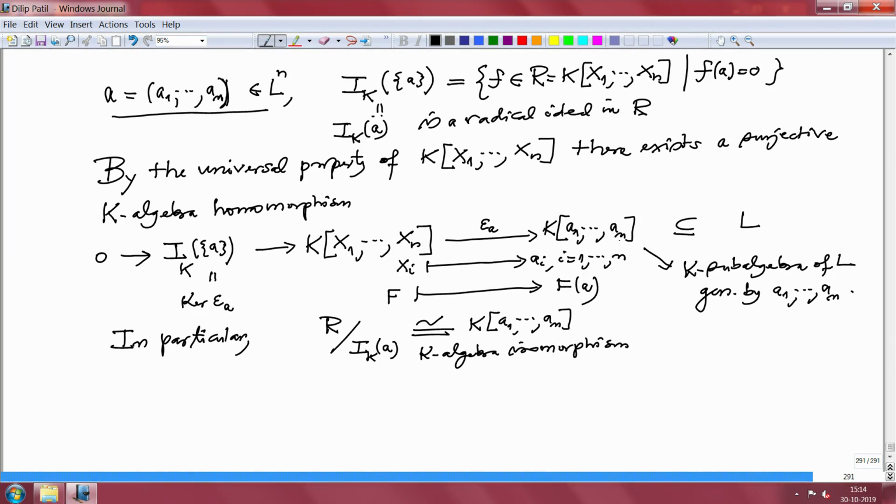And remember, this is a subalgebra of L. L is a field, and any subring of a field is a domain.